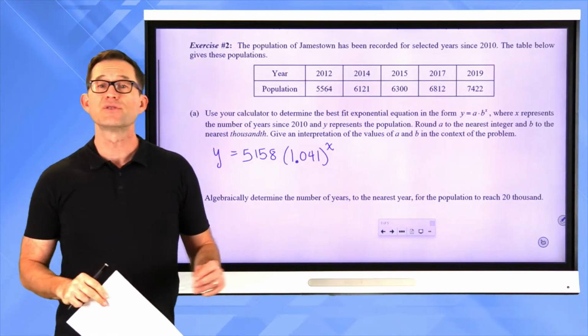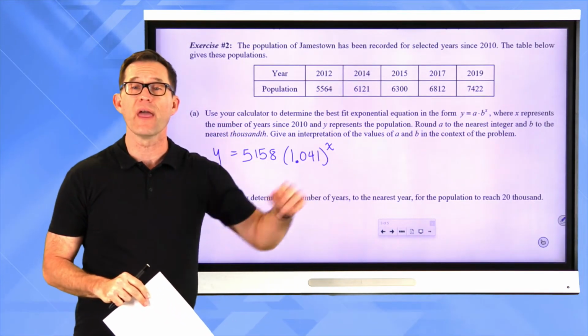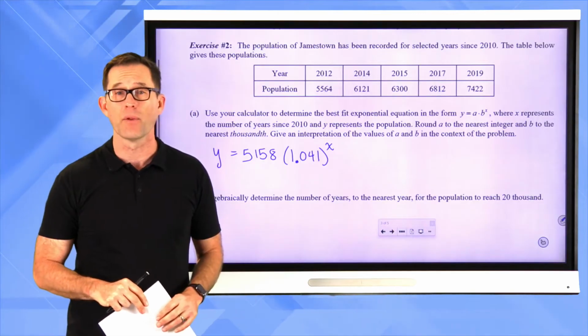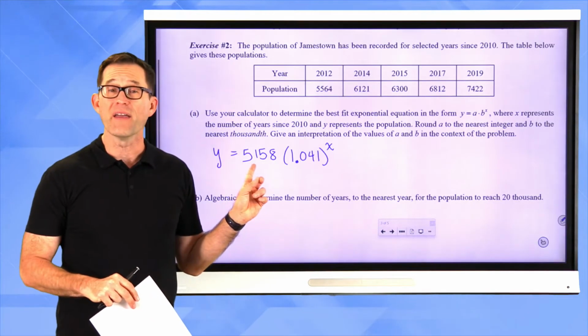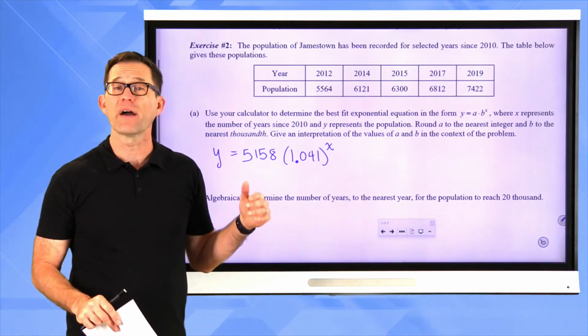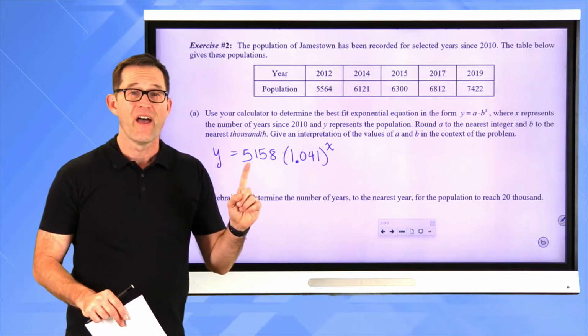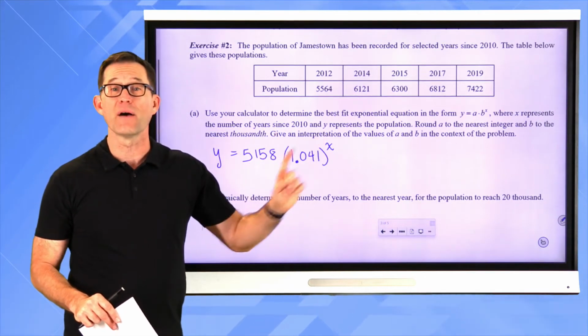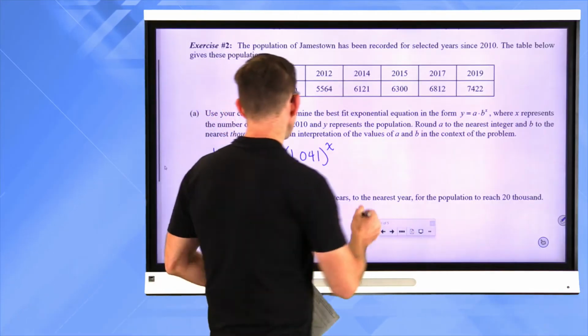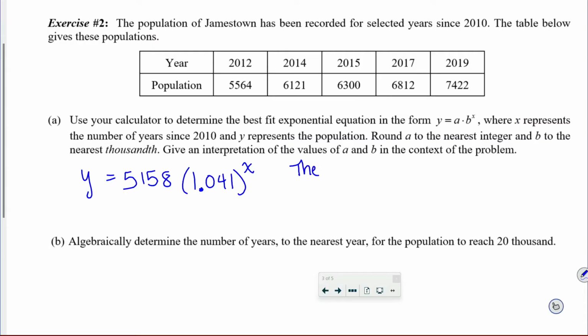It also says to give an interpretation of the values of a and b in the context of the problem. Well, remember, a is always your y-intercept, the value when x is equal to 0. X is the number of years since 2010, so we can say the population in 2010 was 5,158.